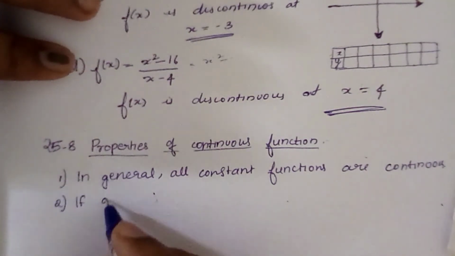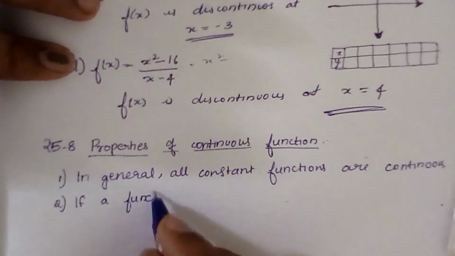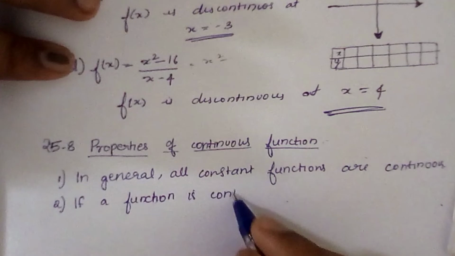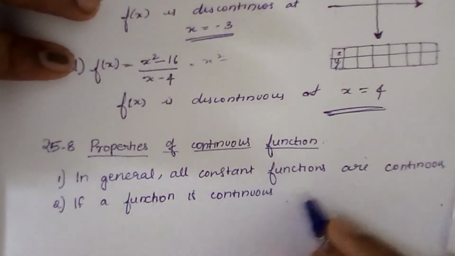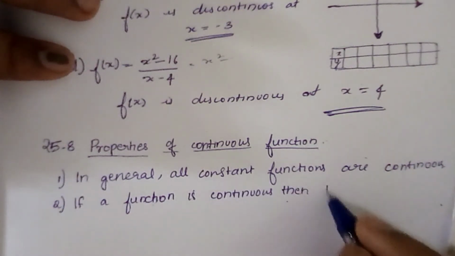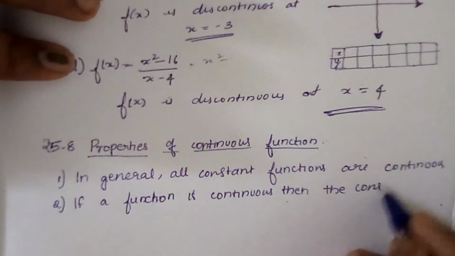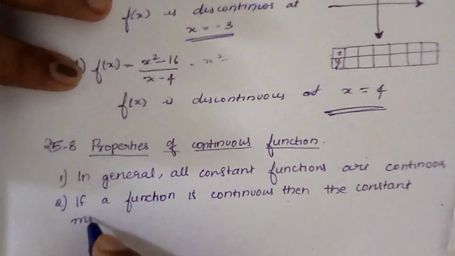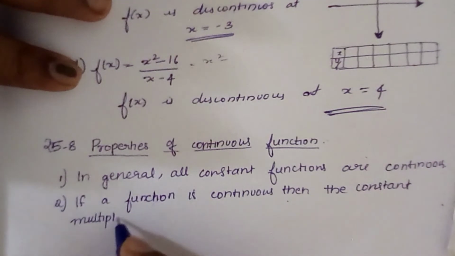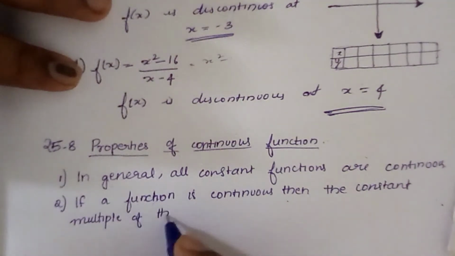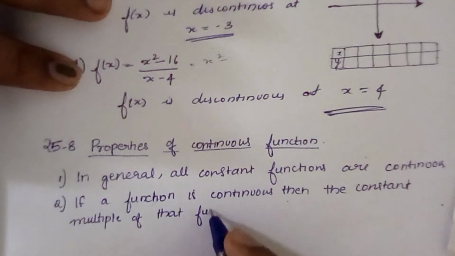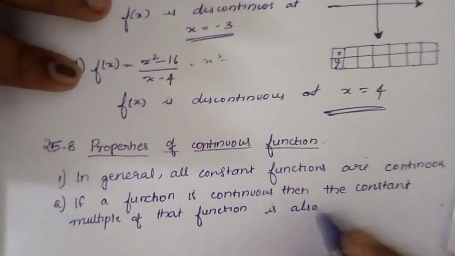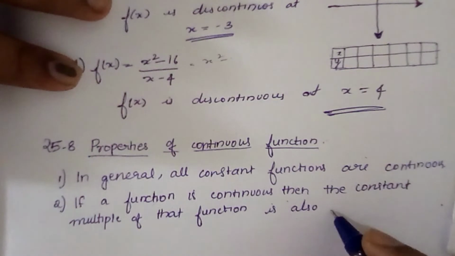If a function is continuous, then the constant multiple of the function is also continuous.